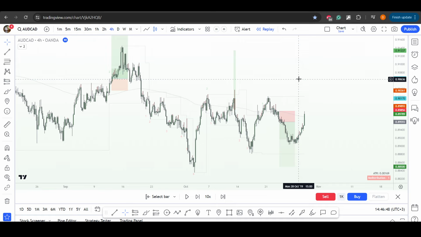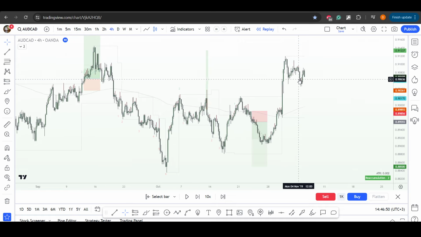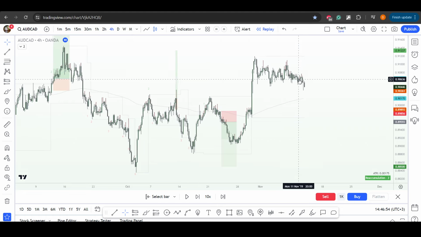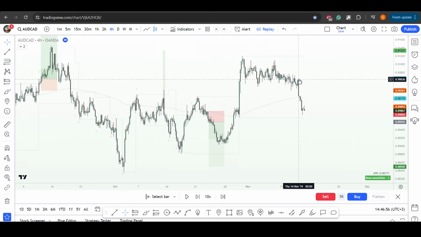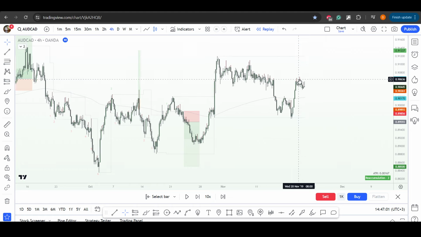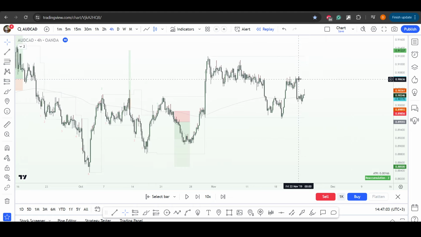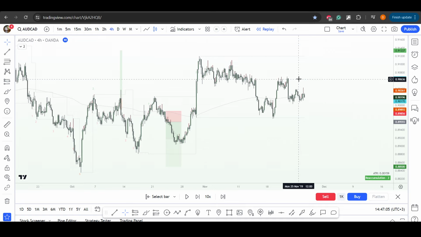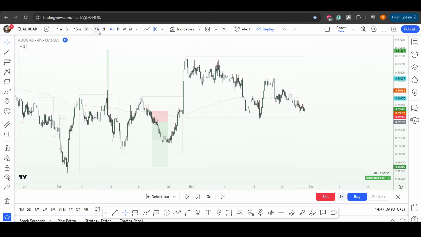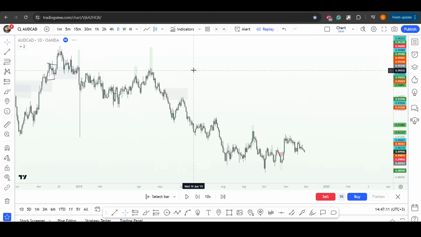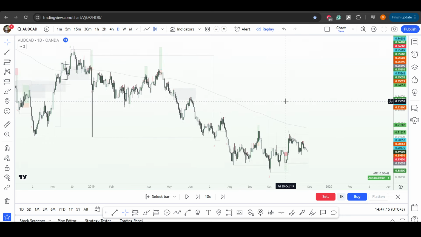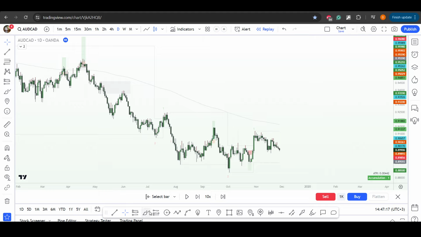It's just a range. It's just an ugly range. Some bullishness came in. Now, does it want to continue? So we are definitely slowing down on the daily.